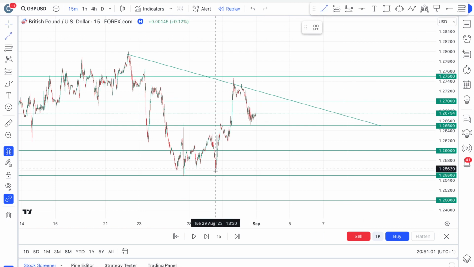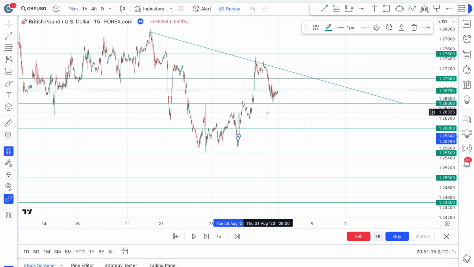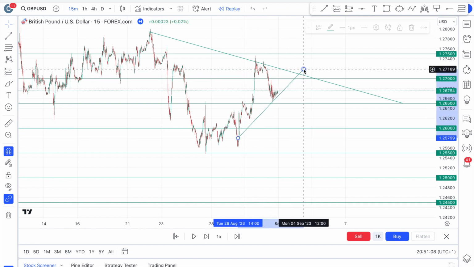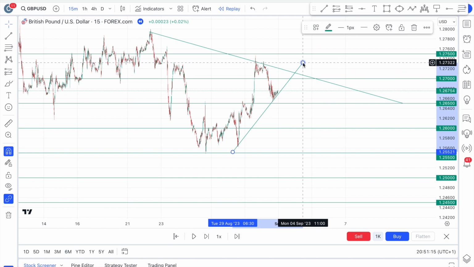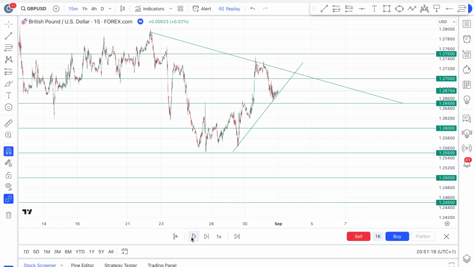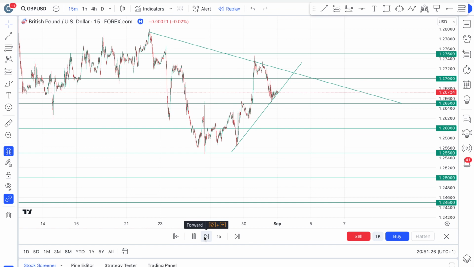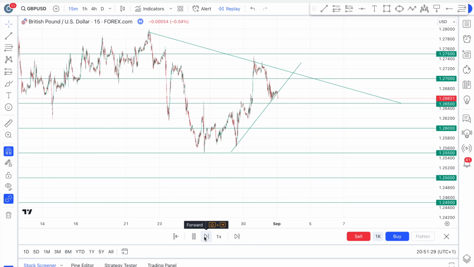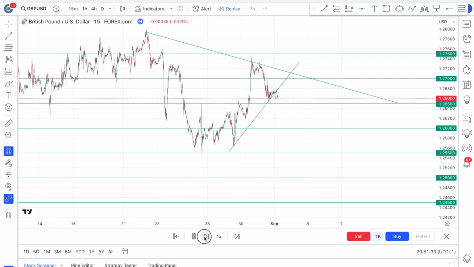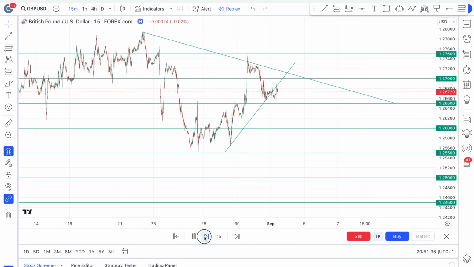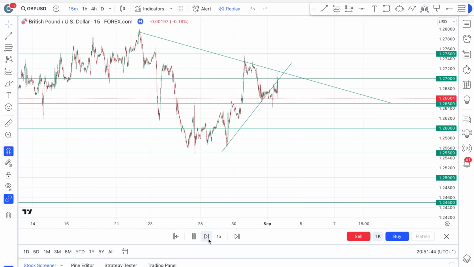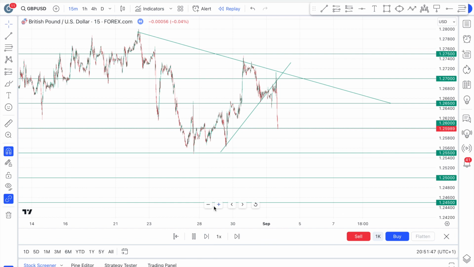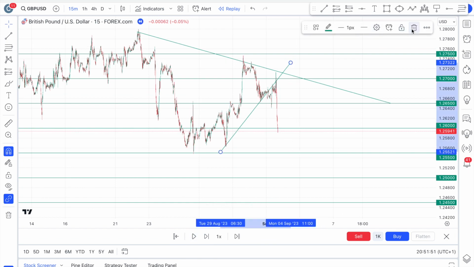After which, the trend line can also come from here to this point, then it lets it play out. At this point, this trend line now becomes invalid.